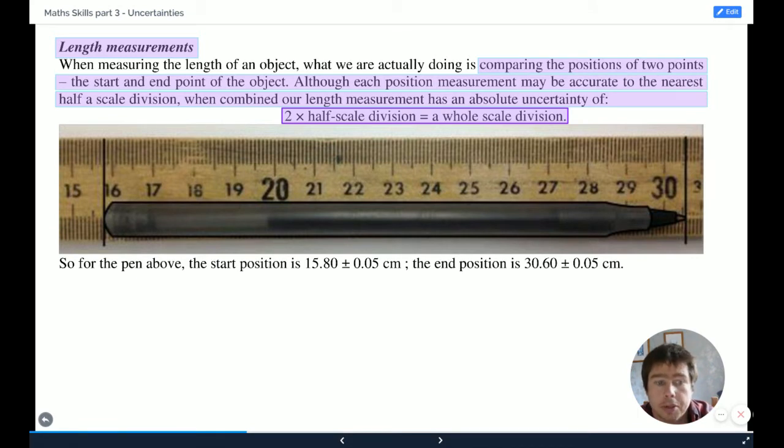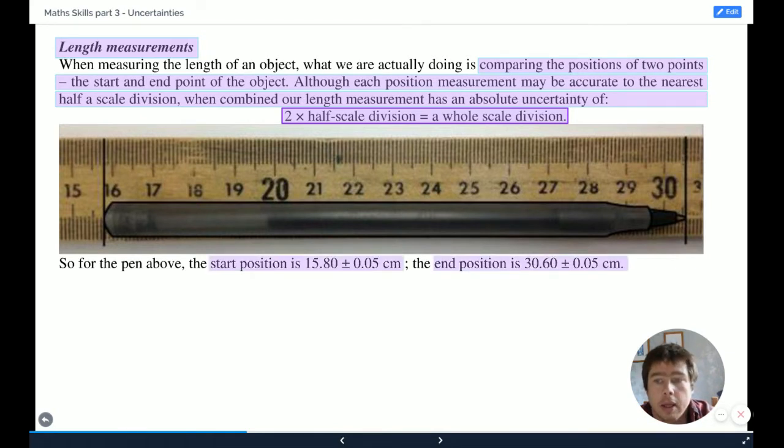So a particular value plus or minus half a millimetre. And then at the end, the position of the nib of the pen is also to the nearest millimetre, so the value plus or minus a half. And so what we're doing is comparing two positions, each of which is uncertain.